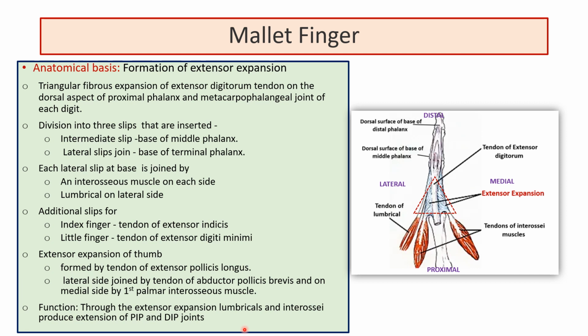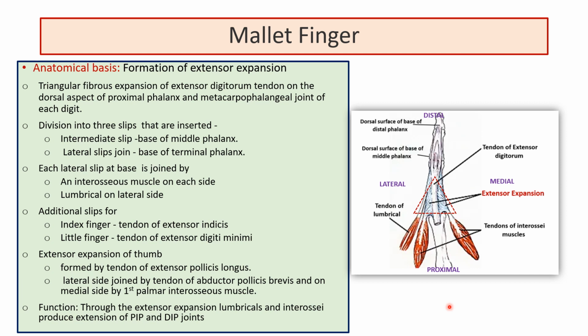It is triangular in shape, and it has a base that will be encircling the metacarpophalangeal joint of each of these 4 digits, which you are seeing. This expansion is not seen extending onto the palmar aspect, only on the dorsal and lateral aspect.